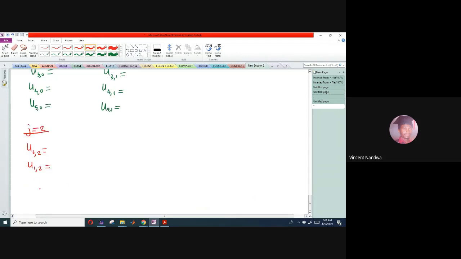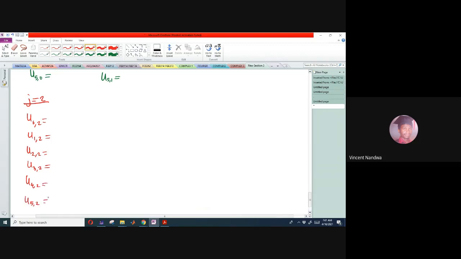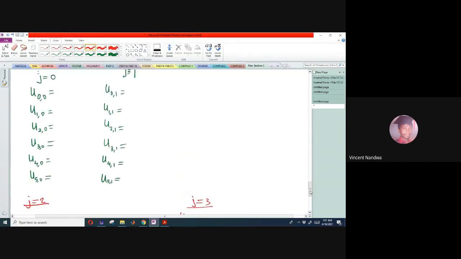And then the last case is j equals 3. So we have u(0, 3), u(1, 3), u(2, 3), u(3, 3), u(4, 3), and u(5, 3). So that's what you write. So you write all the values now to get the value.